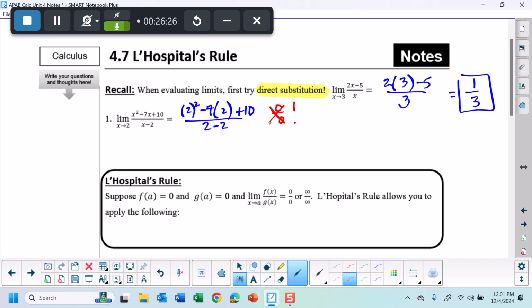What we learned instead is to go ahead and take a look at this limit and say, okay, if I took the limit as x approaches 2, can I maybe factor this? Can I have an x minus 2? Can I maybe call this an x minus 5 as a factored form and recognize that I can go ahead and cancel this out?